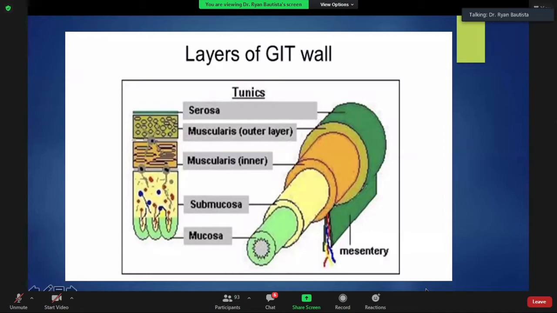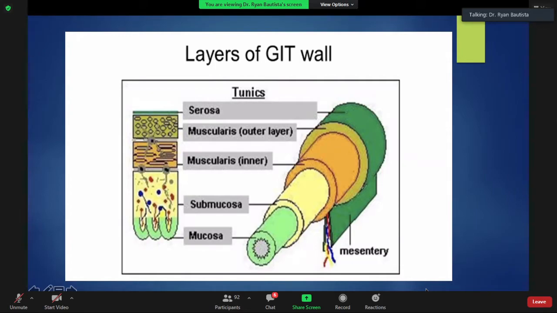But if it goes back, like in your duodenum, that goes inside, and then the second portion will go back to the retroperitoneal space, it won't have a serosa, but it will have what we call your adventitia. So that's the difference of the two. A little bit of anatomy trivia to help you out in your histology: serosa means that portion of your GI tract is inside your peritoneum. Adventitia means it is a retroperitoneal organ.